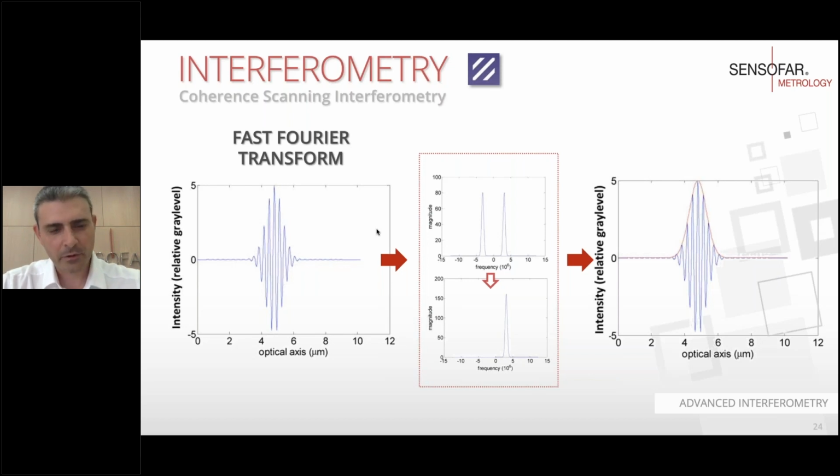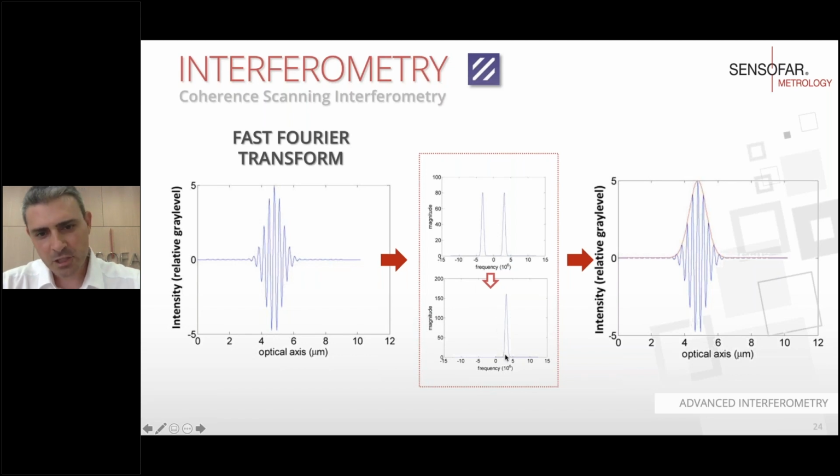The main frequency is not a Dirac delta, it's a little bit wider, more like a Gaussian, because the interferogram is not a sinusoid, but is convolved by a Gaussian itself.